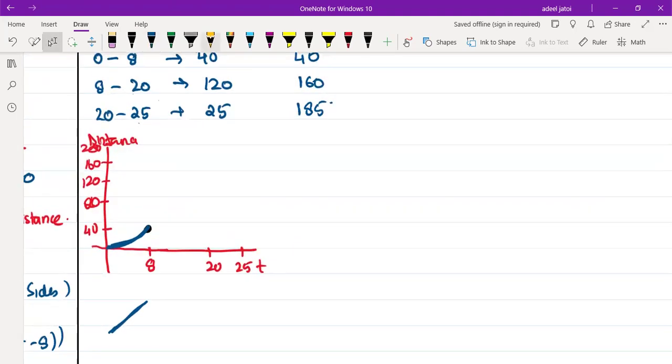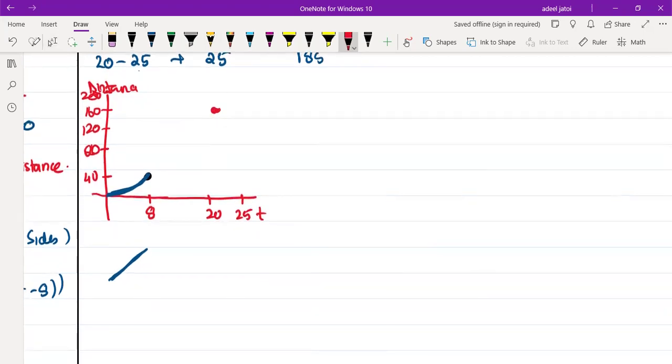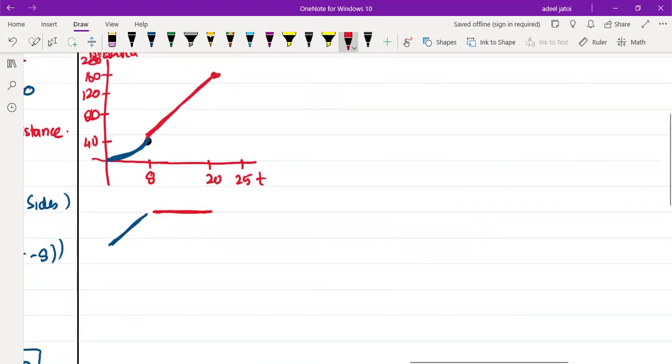At 20, the distance was what, 160. And if you note, your speed was like this. Your speed was constant. So when the speed is constant, you will be marking this as straight line. And in the last phase, if you know that there was what?